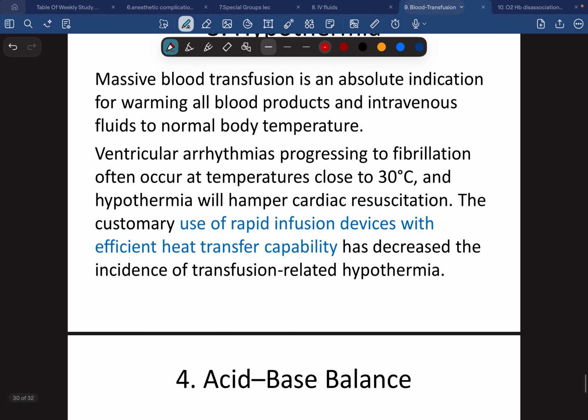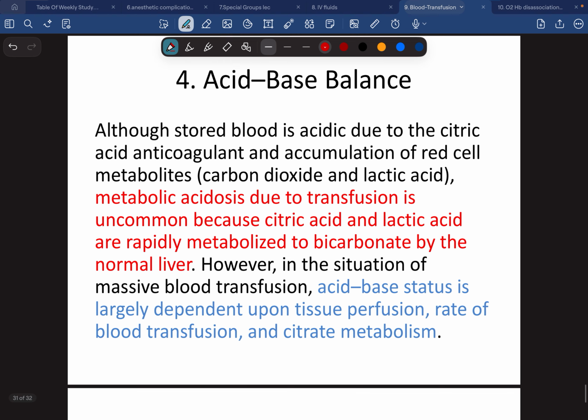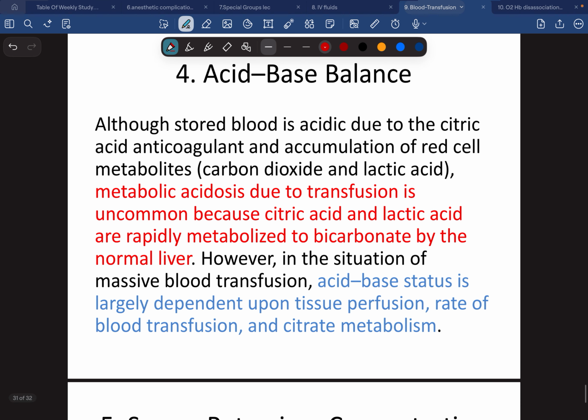Acid-base balance. What are you expecting with massive transfusions, acidosis or alkalosis? Acidosis. Now, within the stored blood we have acetic acid and citric acid, but they are not accumulated; they are actually metabolized into bicarbonate by the liver, so you will have alkalosis.